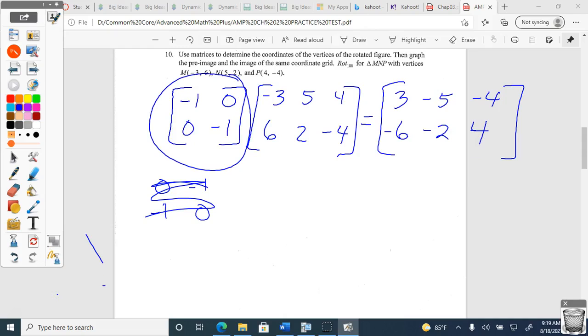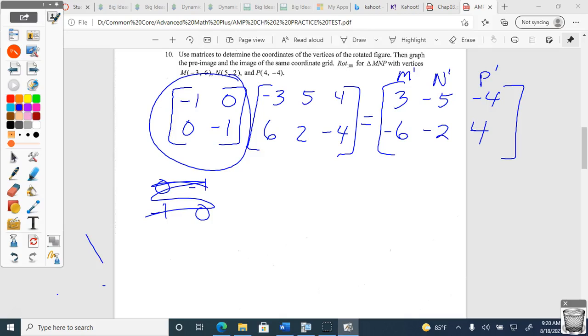Yep. Again, that would be M prime, N prime, and P. So the bottom number in the first column is negative one. If it doesn't say 1, 0, 0, 1, if it is 0, 1, 1, 0, it has been flipped.